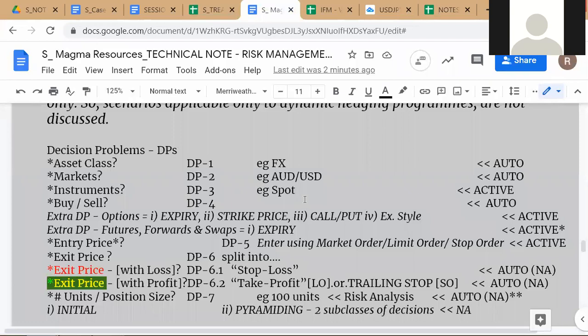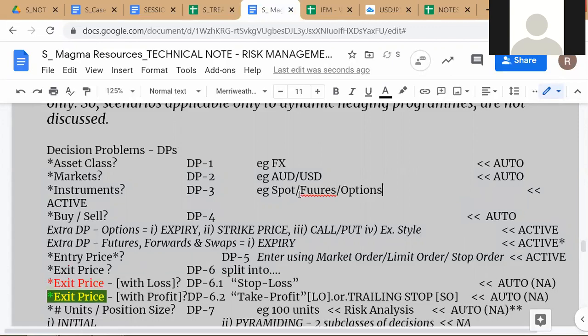Instrument, however, is a different ball game, because you can decide here how you want to run your hedging program. In many companies, there may be some types of restrictions on what kind of instruments you can use.